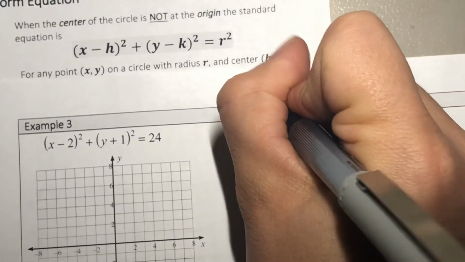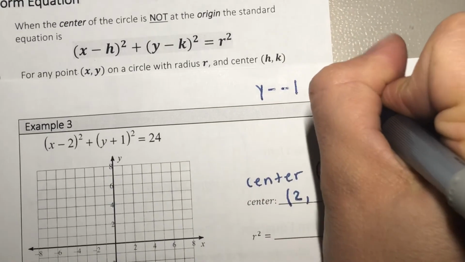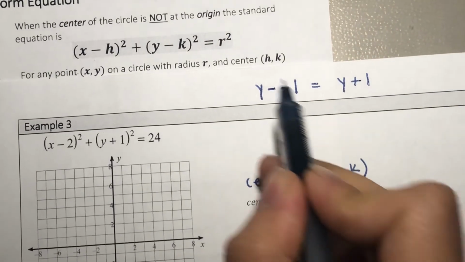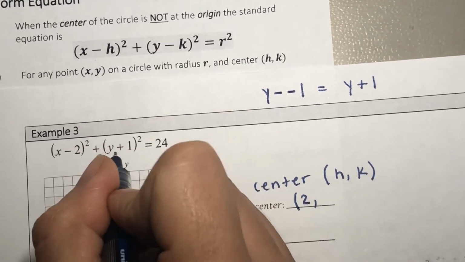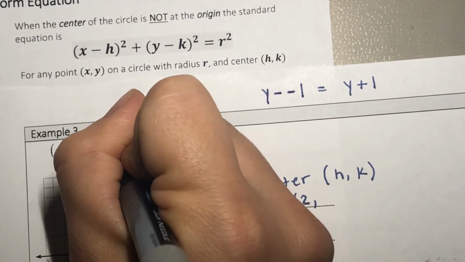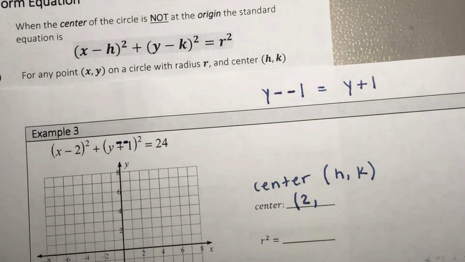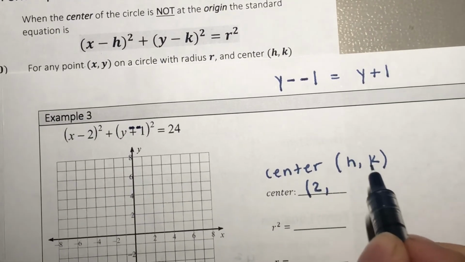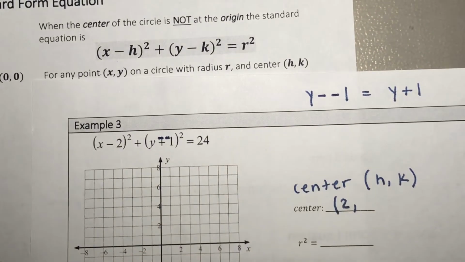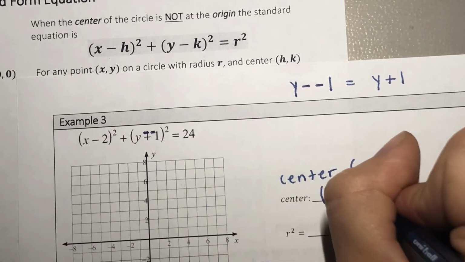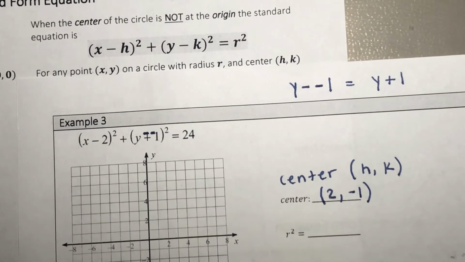For example, y minus -1 becomes y plus 1. So this y plus 1 is also y minus -1. Therefore, your k should be -1. The y coordinate of the center is -1.